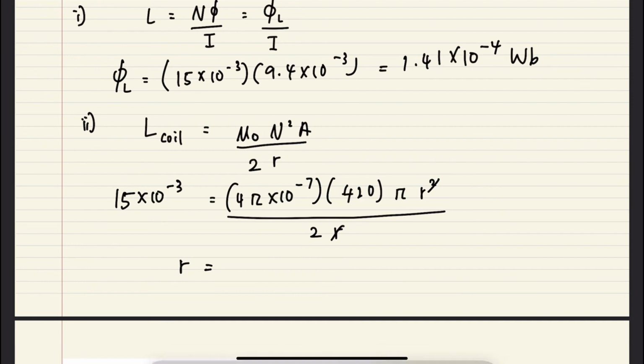Don't forget to put square over here as well, but that one's N squared. I got here 0.043. Okay, that one would be in SI unit, which is in meter.